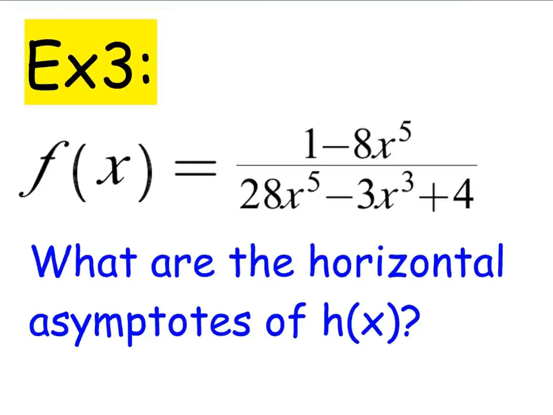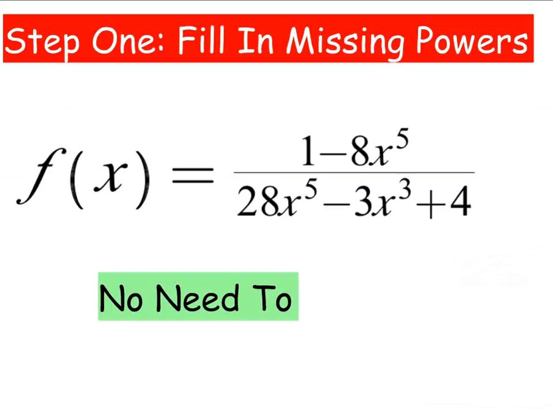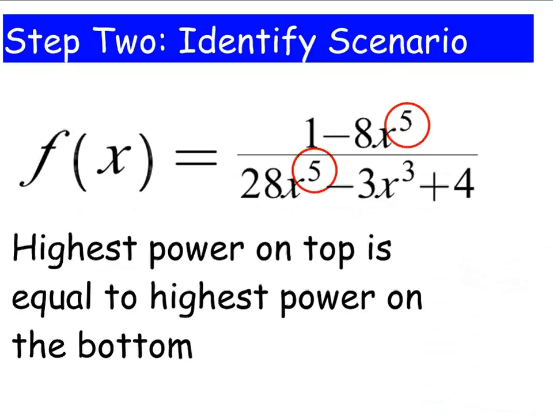And then the last one, what is the highest power on top? 5 is biggest on the bottom, and at the top. 5. Okay, let me ask you guys, is it positive 8 over 28 or negative 8? Yeah, you've got to carry the sign with it, okay? So you're going to take the coefficient of the x to the 5th, which is negative 8, and divide by the coefficient of the x to the 5th on the bottom, which is 28.